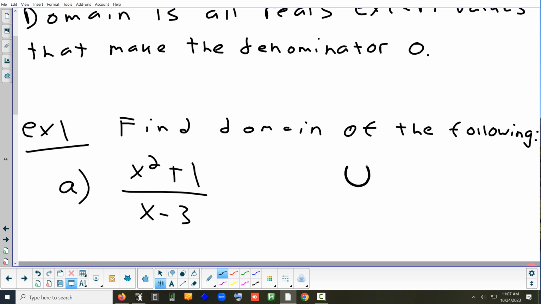It's going to have the U symbol, and then 2 things. Parentheses, negative infinity, comma 3. Another parentheses, 3, infinity. Perfect. So that's how you write it as an interval. You can pick anything lower than 3, anything higher than 3, but the parenthesis means not 3.